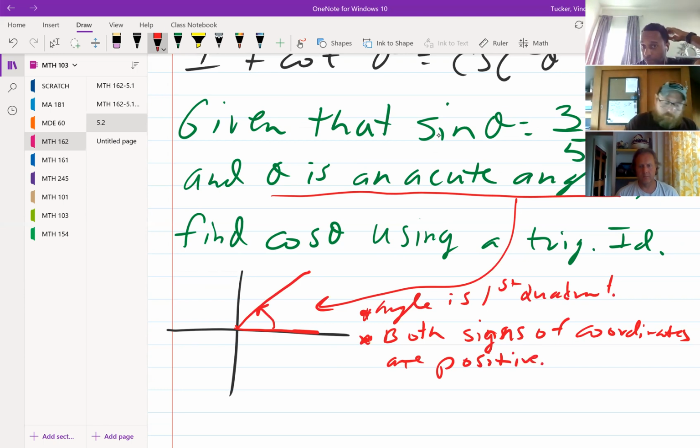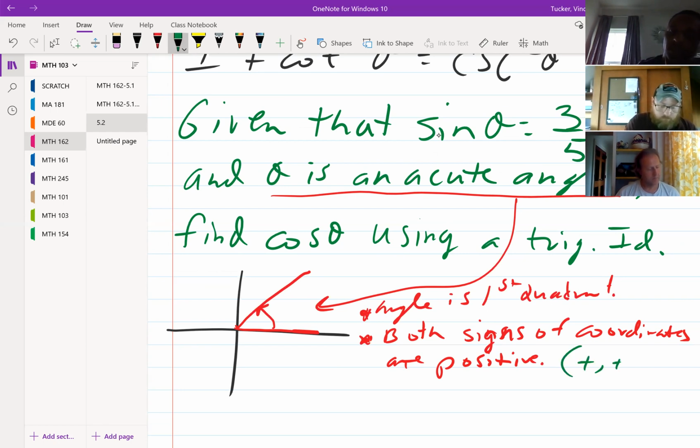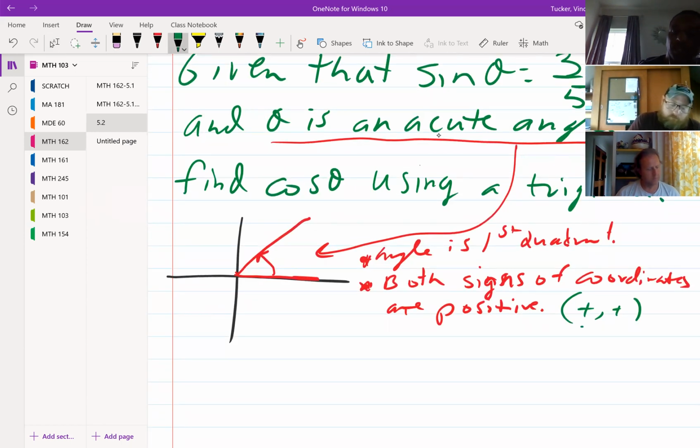If your angle is in the first quadrant, that means both sides of your coordinates are positive. Remember we said that this one is cosine and this one is sine. So if they said theta was acute, cosine would not be negative.